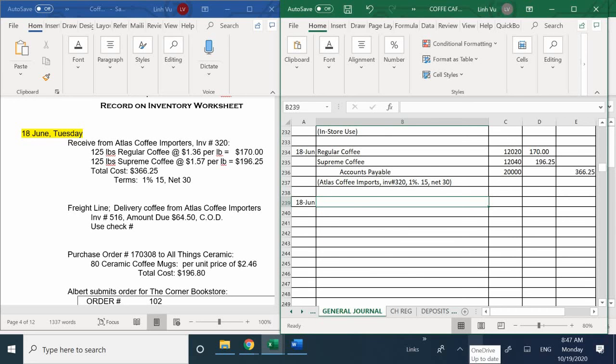We journalize regular coffee. It's a debit. The number is 12020. Supreme Coffee 12040. And we credit checking, 10100.